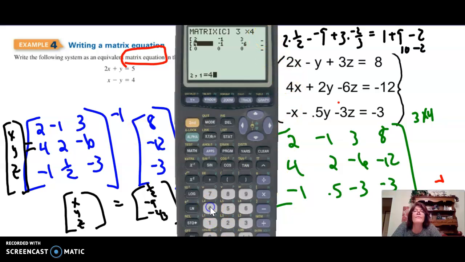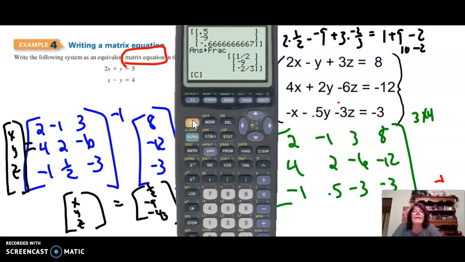That bothers me, but oh well. 4, 2, -6, -12. And then we have -1.5, -3, and -3.